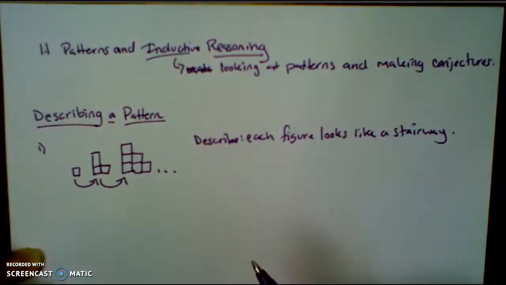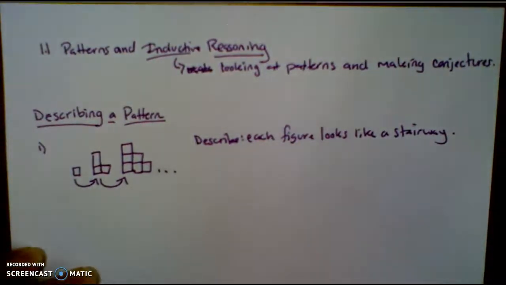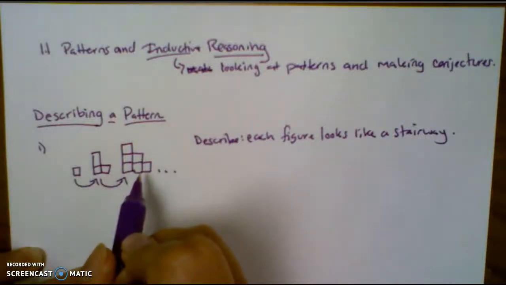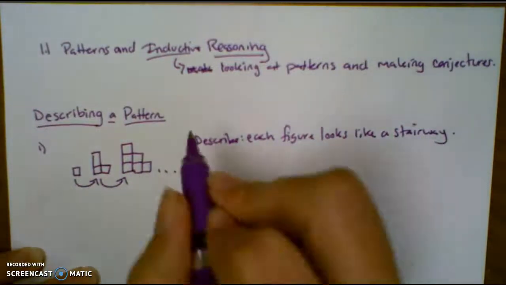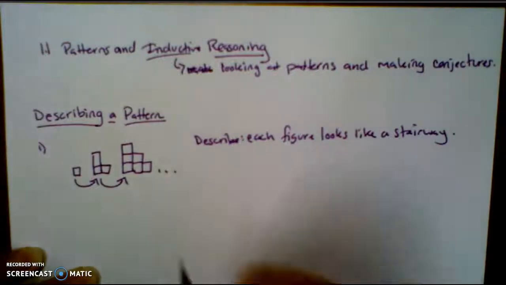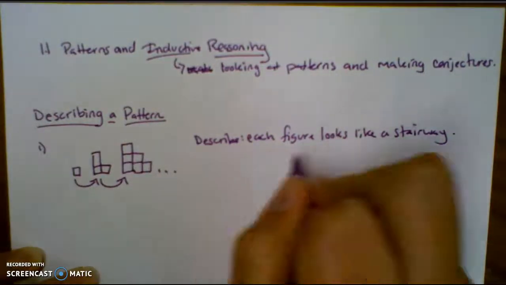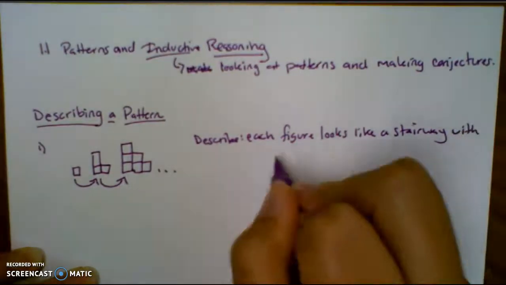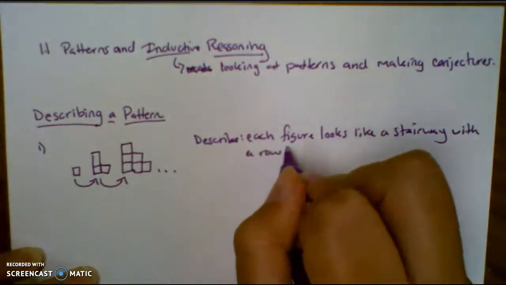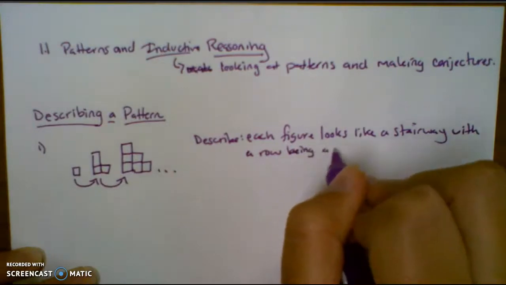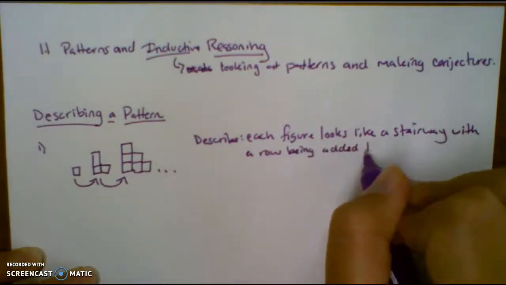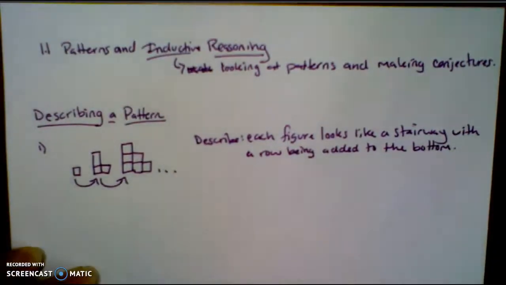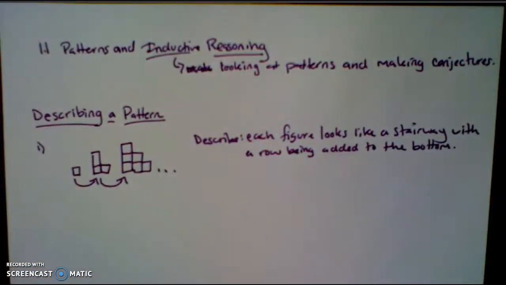When I look at it, I'm seeing a row at the bottom being added with one more box. So you can verbalize that: it looks like a stairway with a row being added to the bottom. Okay, so that's describing your pattern.